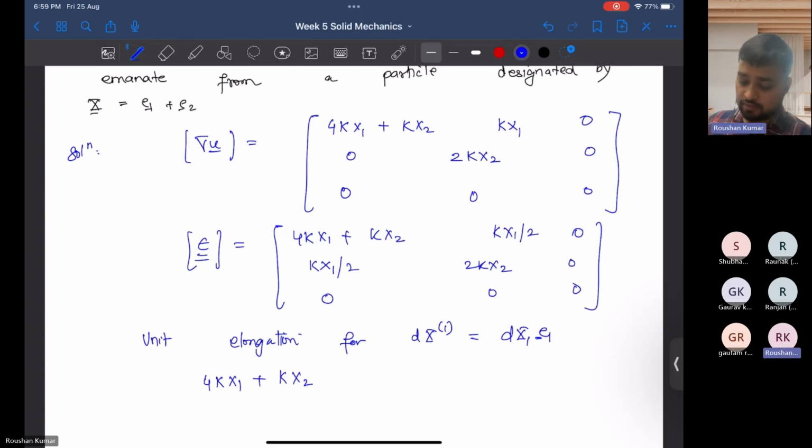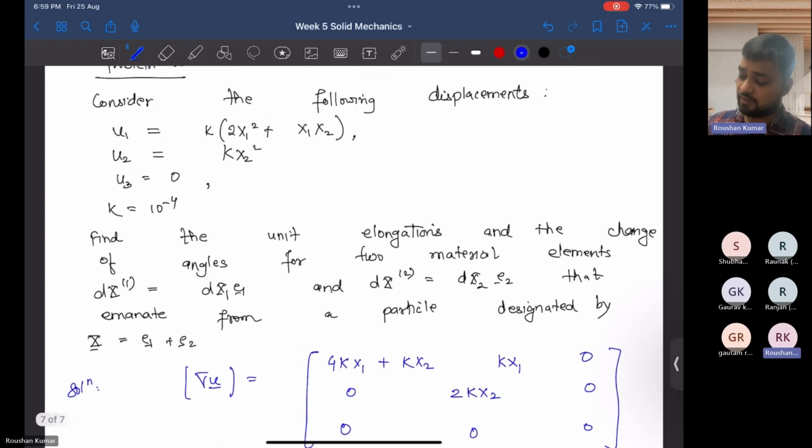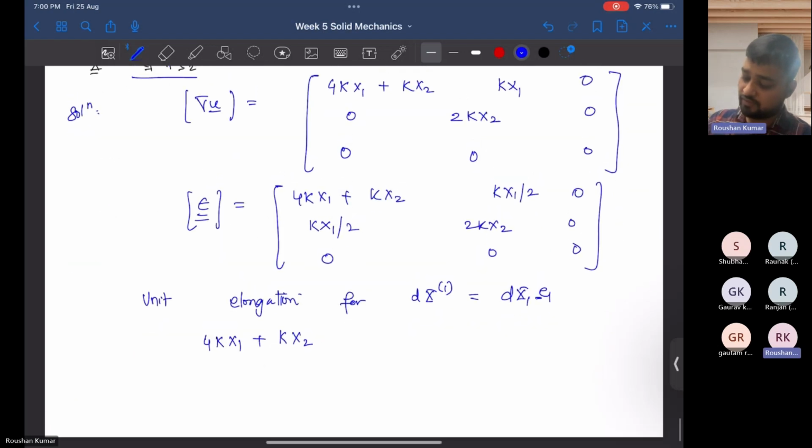The direction given in the question is x equal to E1 plus E2, so the components of x are 1, 1, 0. Here x1 is 1, x2 is 1, and x3 is 0.